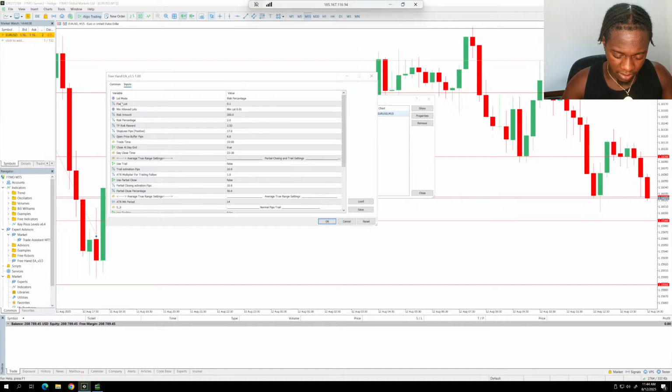I'm using the FX calculator on my FX Book app for 17 pips. There we go.